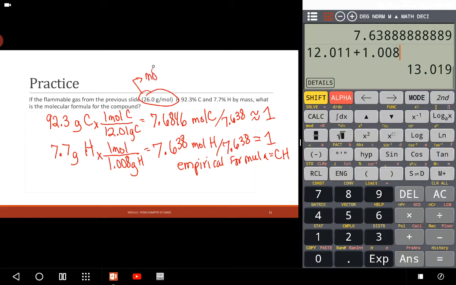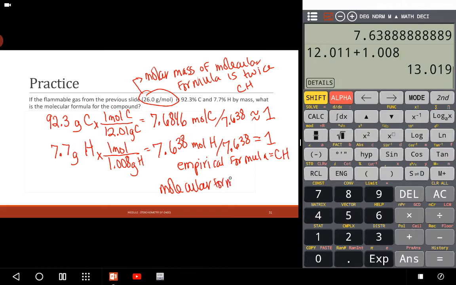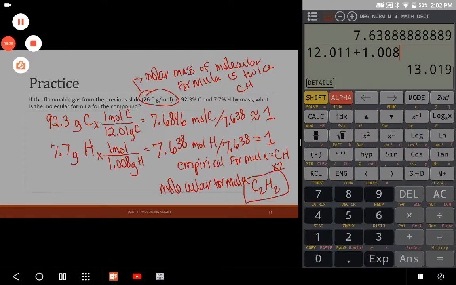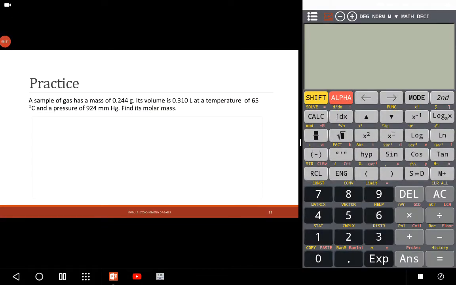So the molar mass of the molecular formula is twice that of CH. Therefore, my molecular formula will have 2 empirical formulas in it. And so that'll be C2H2. That was a great review problem.